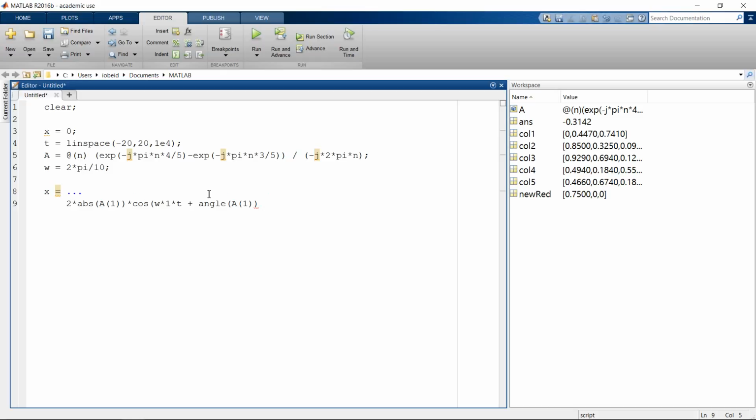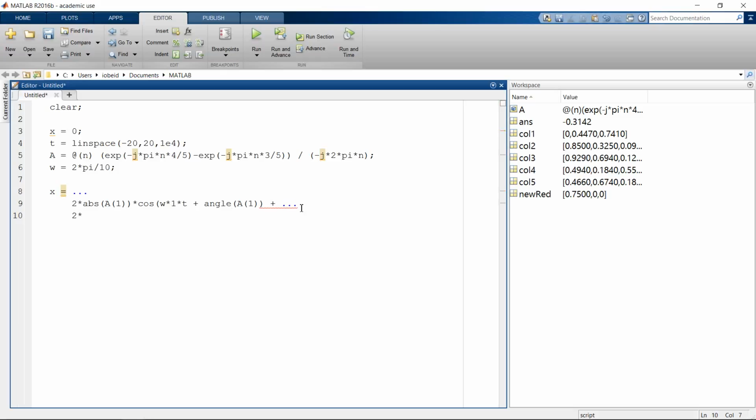Let me write it like this to make it a little easier to see what's going on. Then the second one: 2 times the absolute value of a of 2 times cosine of omega times 2 times t plus angle of a of 2. Is that enough parentheses? I think we missed a parenthesis up here. That looks a little better.